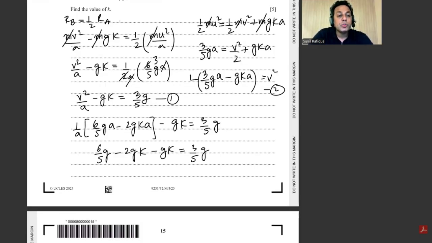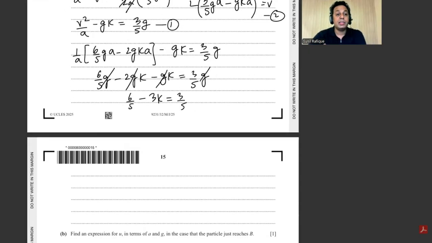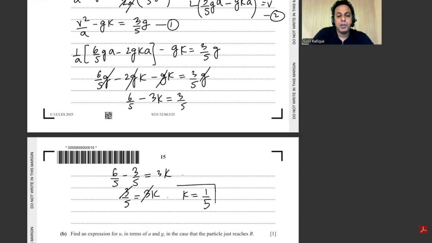Oh boy, what should I do now? Oh, g throughout. Let's get rid of these g's. So 6/5 minus 3k equals 3/5. So 6/5 minus 3/5 will be 3k, and 3/5 is 3k. Let's get rid of these. So k is going to be 1/5. All right, so that's it.